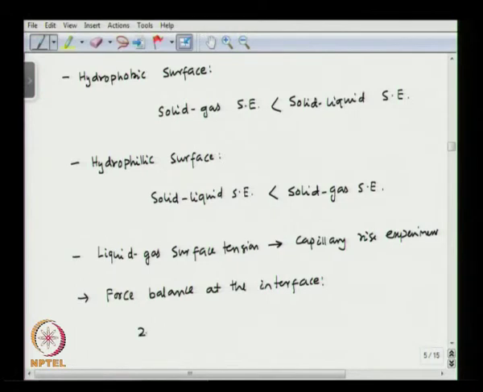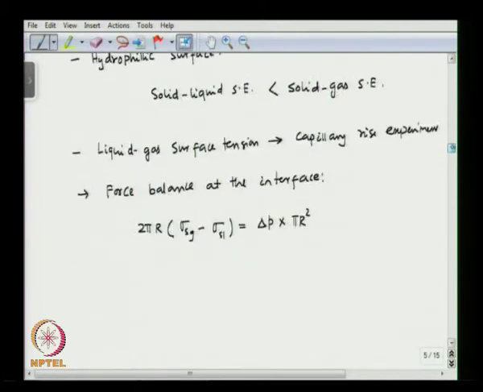Then it will be 2 pi r into sigma solid gas minus sigma solid liquid will be delta p into pi r square. Okay. So you can find sigma Lg, expressed in terms of sigma Lg cos theta.